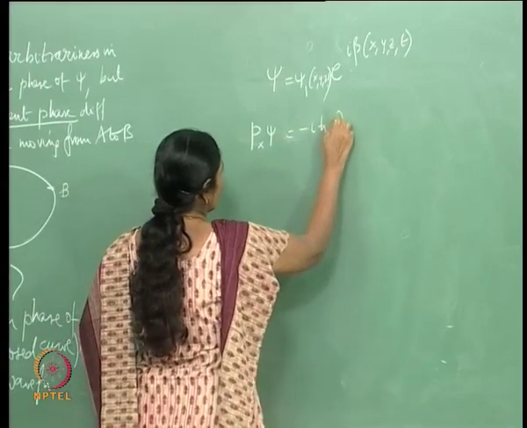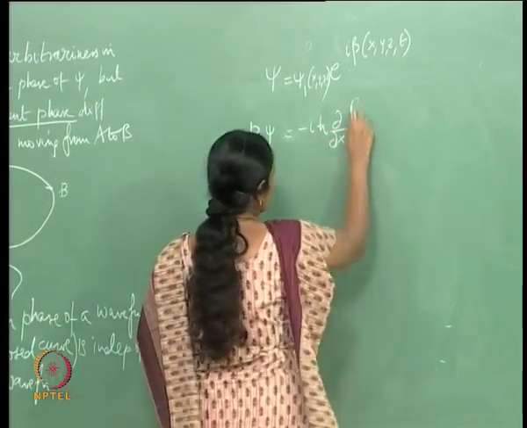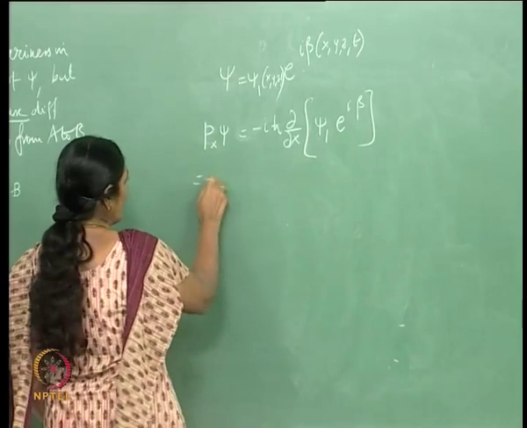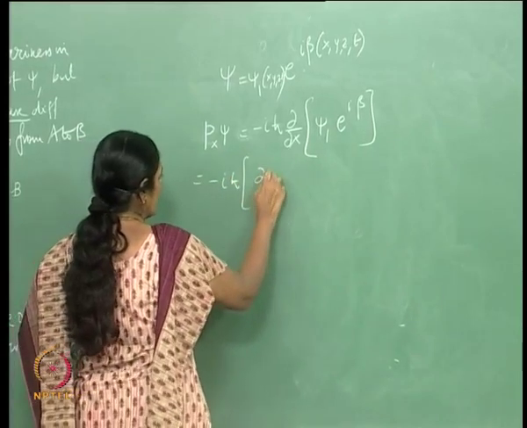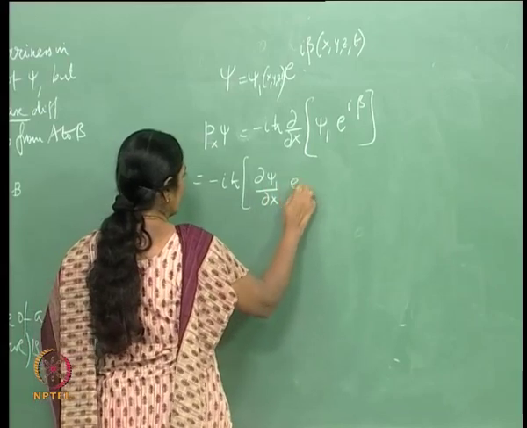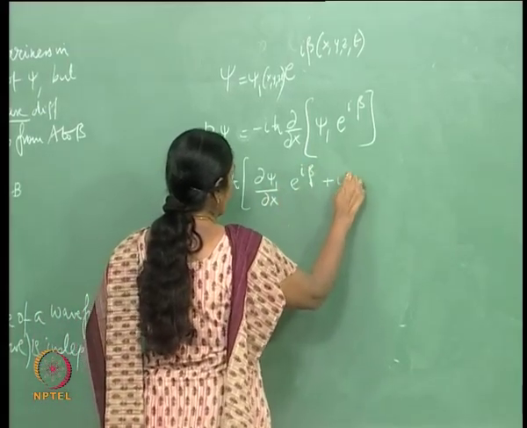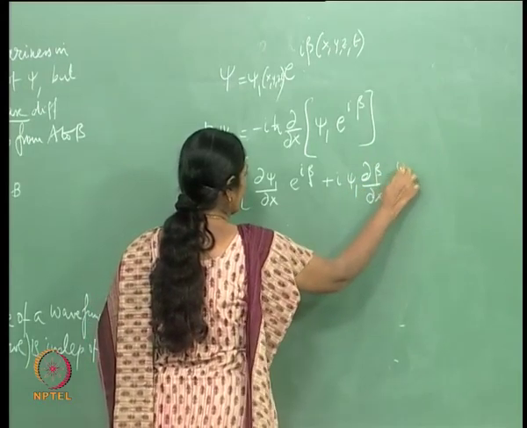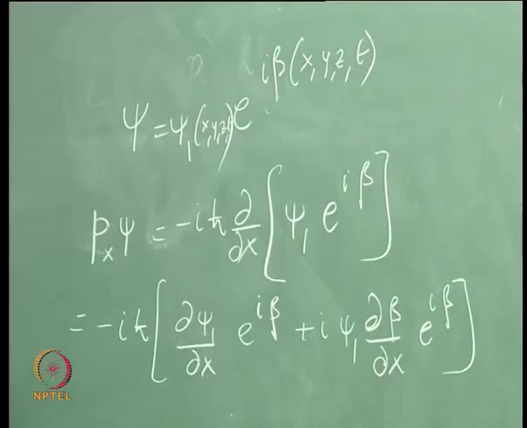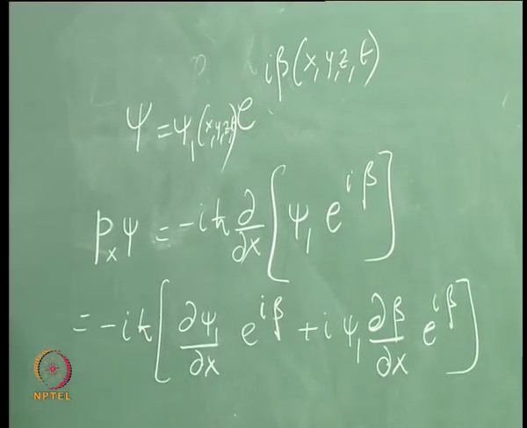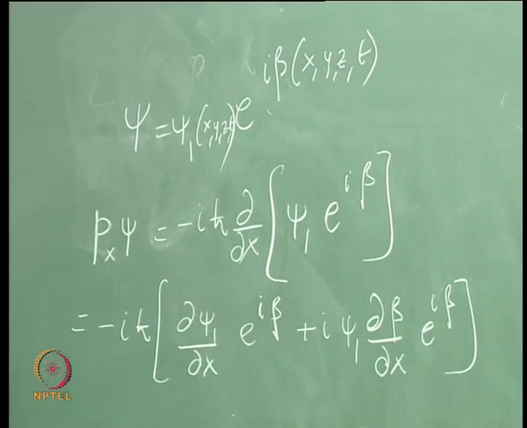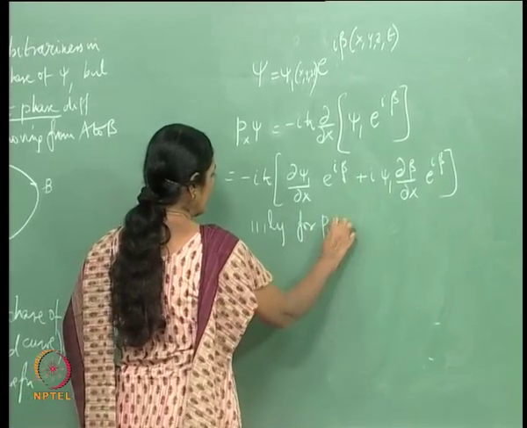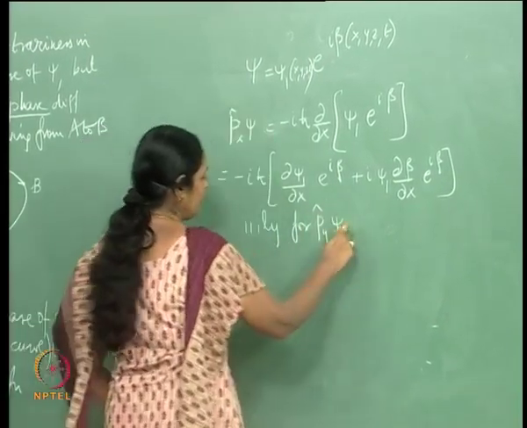In quantum mechanics, this is minus i h cross delta by delta x of psi 1 e to the i beta, and that object is minus i h cross delta psi 1 by delta x e to the i beta plus i psi 1 delta beta by delta x e to the i beta. Similarly, I can write down expressions for Py psi, Pz psi.